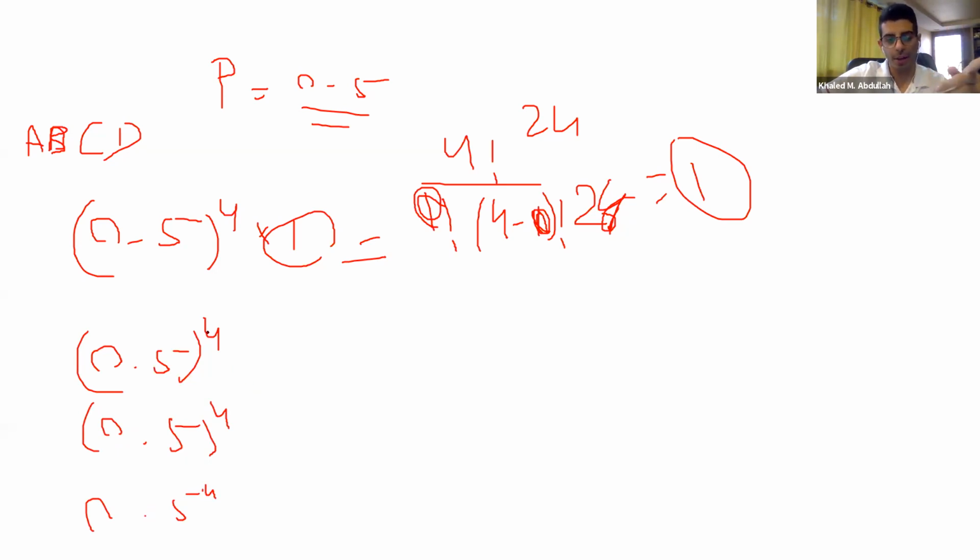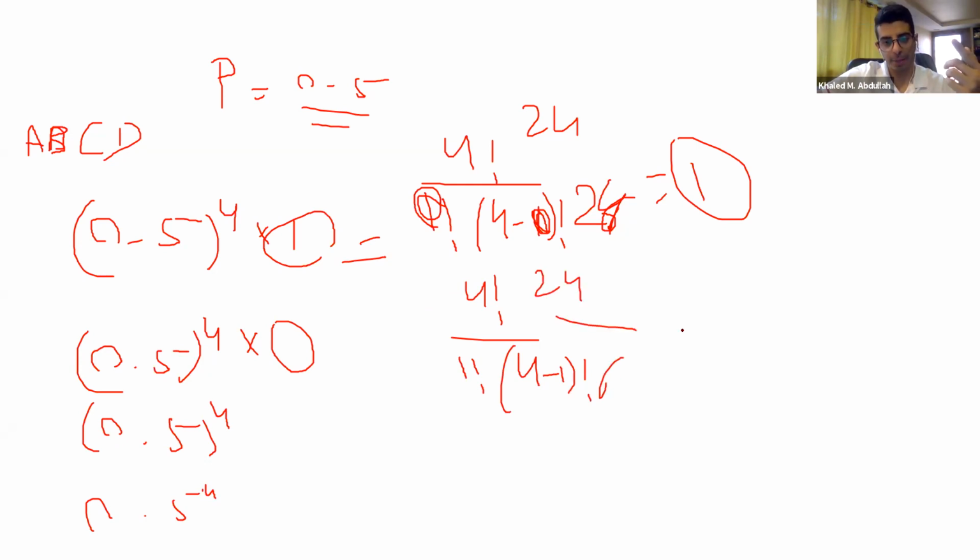It's 0.5 to the power of 4 times a value. What is that value? It should be 4, but I'm just going to show how I got it. 4 factorial over 1 factorial, because 1 child is affected, into 4 minus 1 factorial. It'll be 4 factorial over 3 factorial, so this will be 24 over 6. Divide them, you'll get 4.